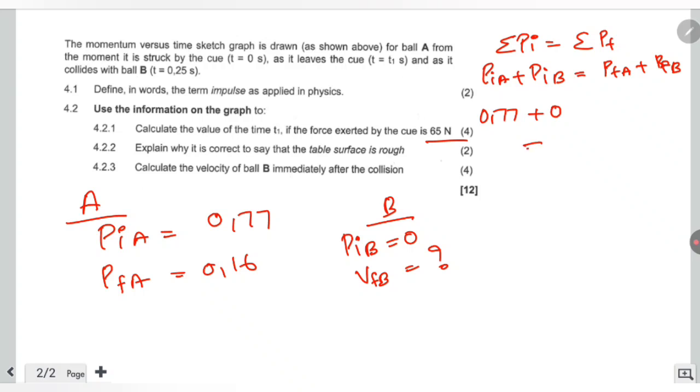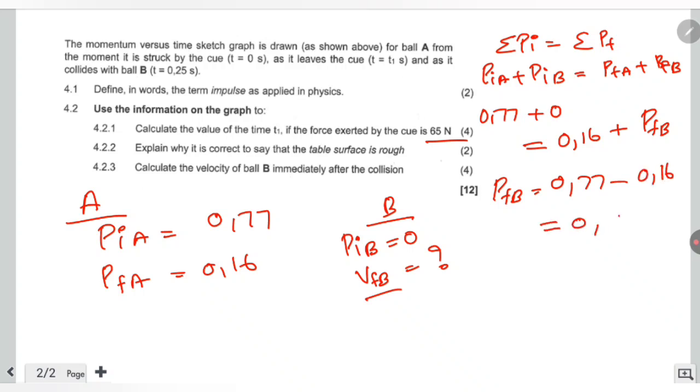That's equal to final of A, 0,16, plus final of B. The question is not asking for final momentum, it asks for final velocity. Final momentum means mass times velocity, so we can calculate final momentum of B and then substitute. Final momentum of B is 0,77 minus 0,16, which is equal to 0,61.